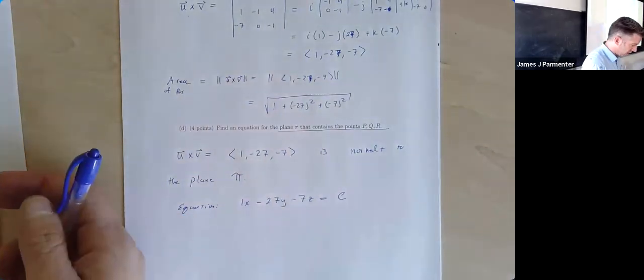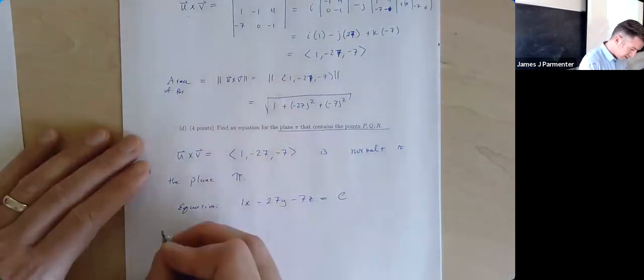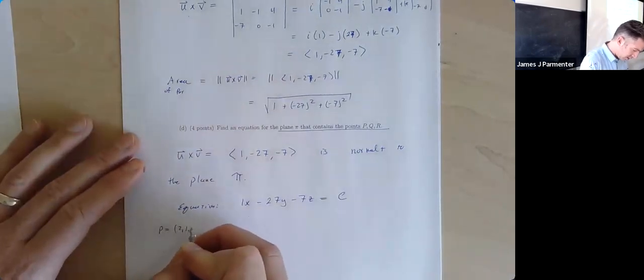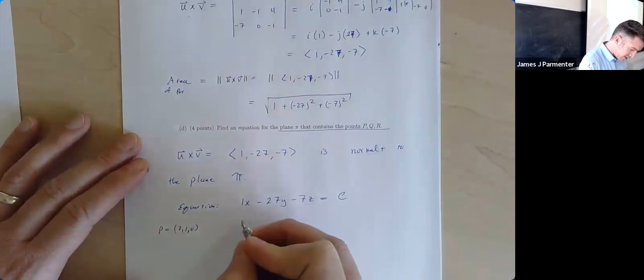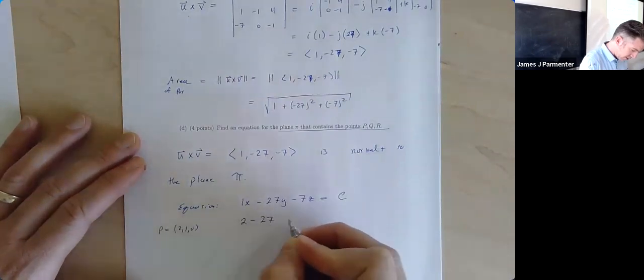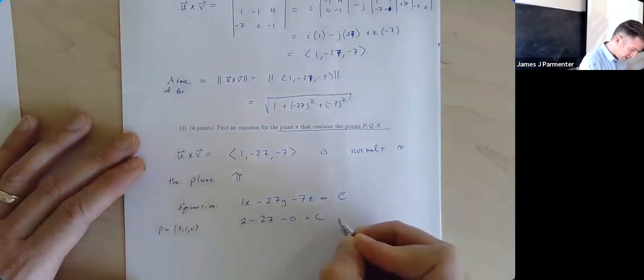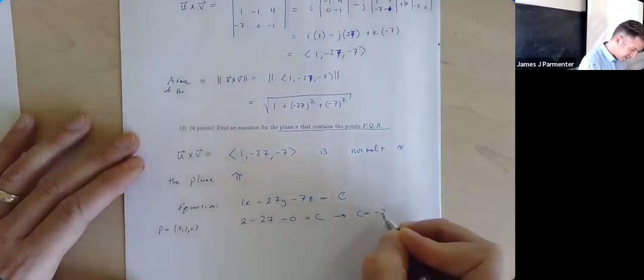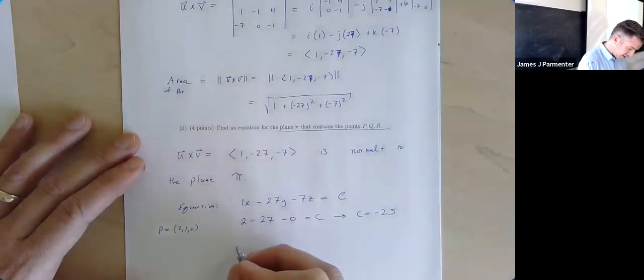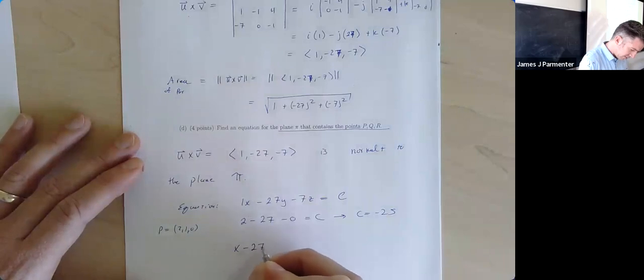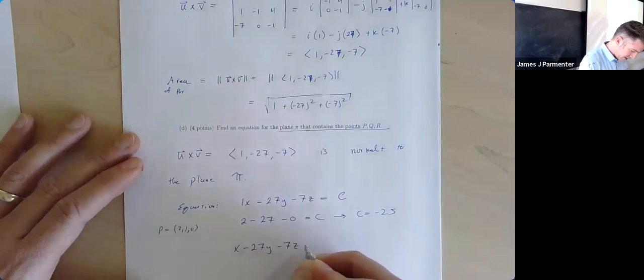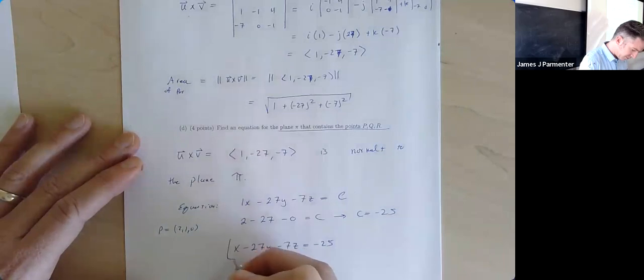So I'm going to pick the easiest one. I'm going to pick P. P is the point 2, 1, 0. So I plug that in, I'm going to get 2 minus 27 minus 0 equals C. So C is going to equal -25. And my equation is going to be x minus 27y minus 7z equals negative 25.